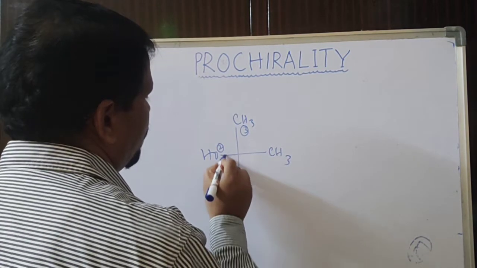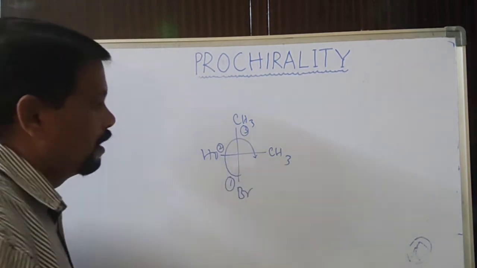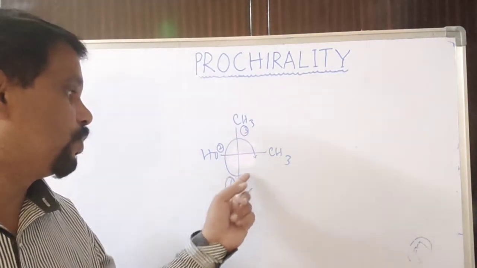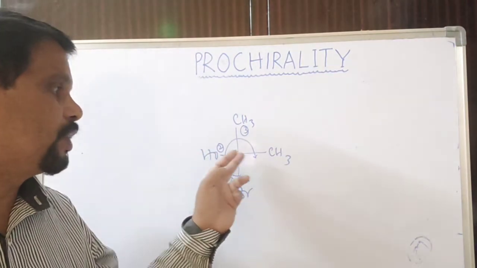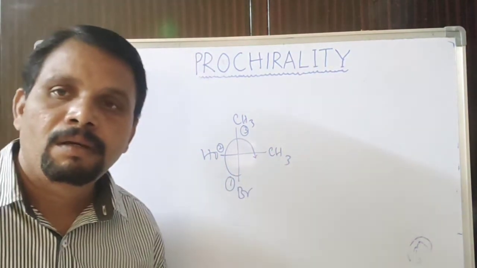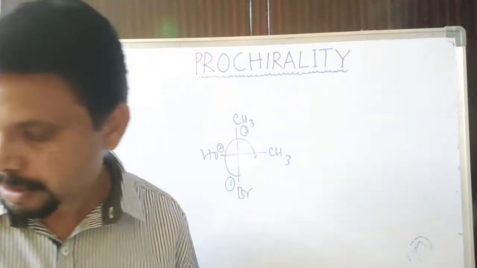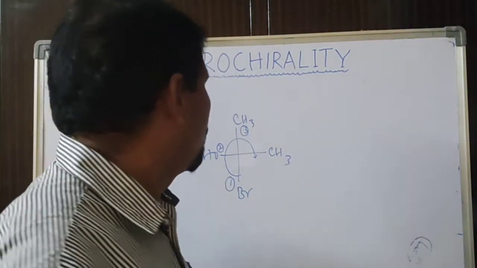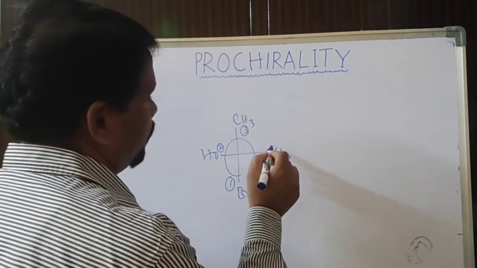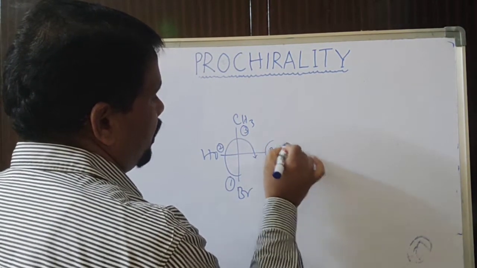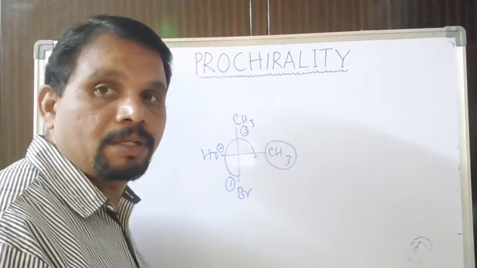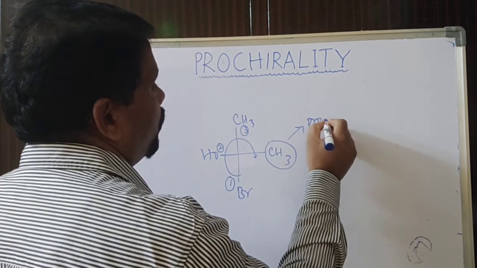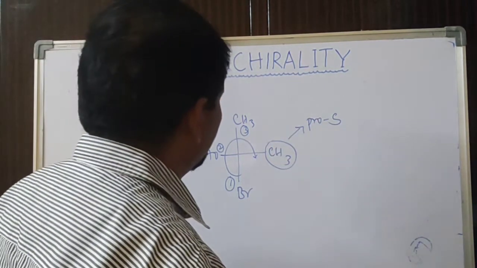If you rotate like this, it is clockwise rotation. The least priority group is in the horizontal line. Therefore, this notation is pro S.